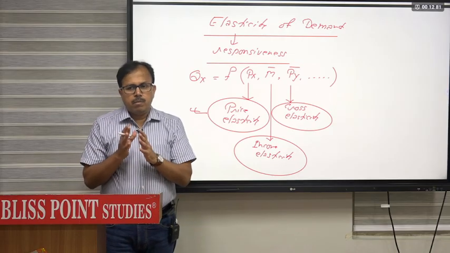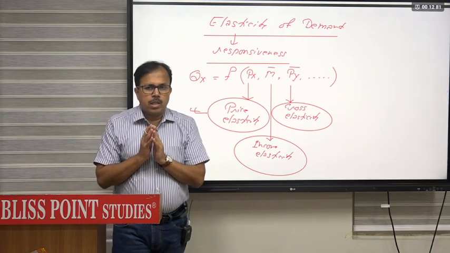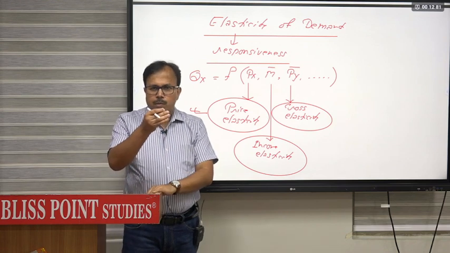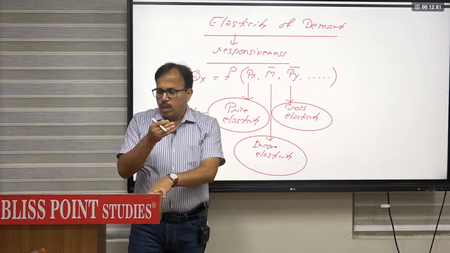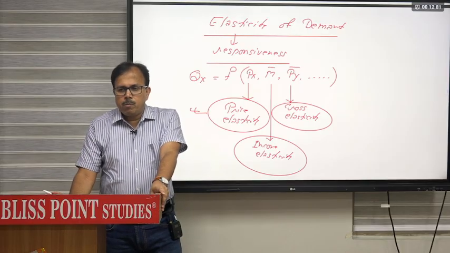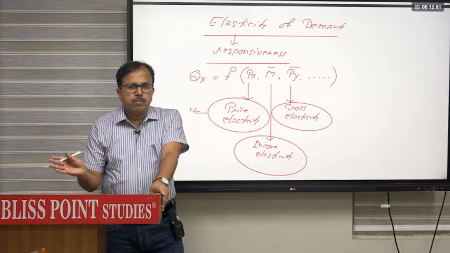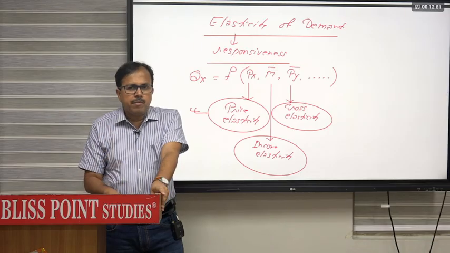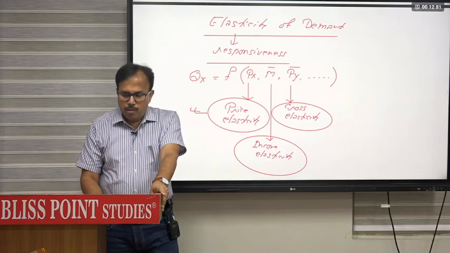Okay, everything you will be getting also in the notes category. That means definition of price elasticity, income elasticity, overall the concept of elasticity demand. So we are basically focusing on the description part of it and the numerical part of it.